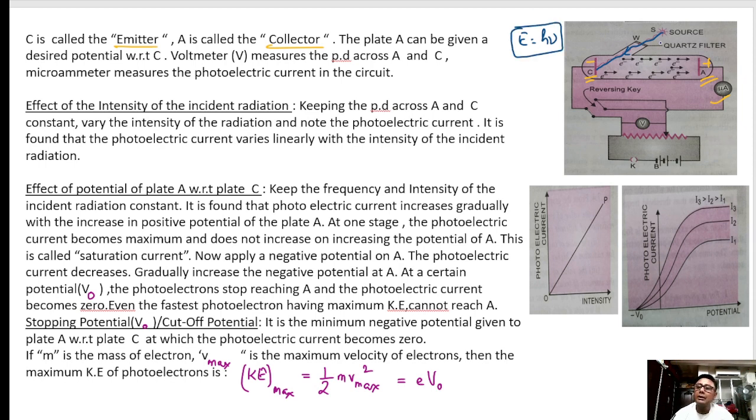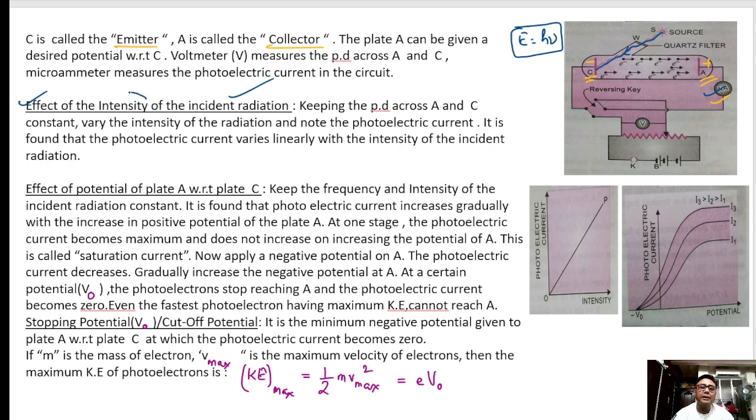They are attracted towards the positive plate of the battery. So the more the emission, the more electrons get collected on plate A, so the more the reading of the microammeter. Clear? So what we can see is the effect of the intensity of the incident radiation.